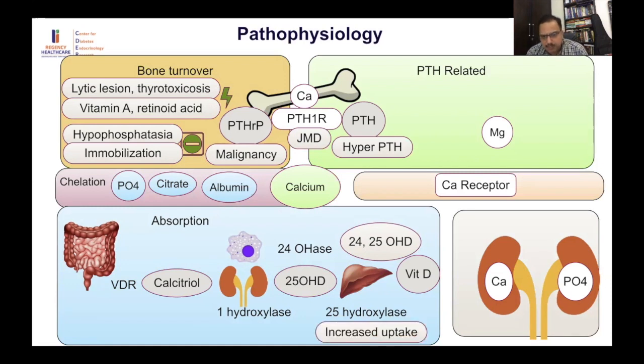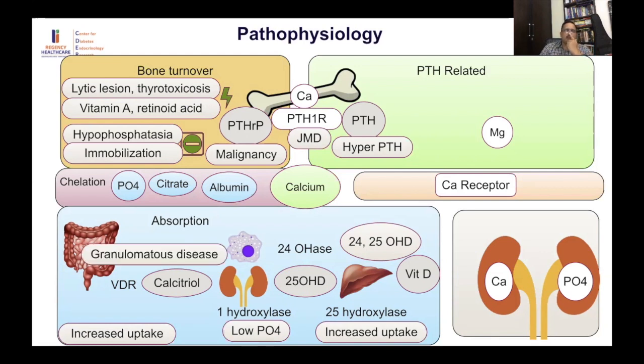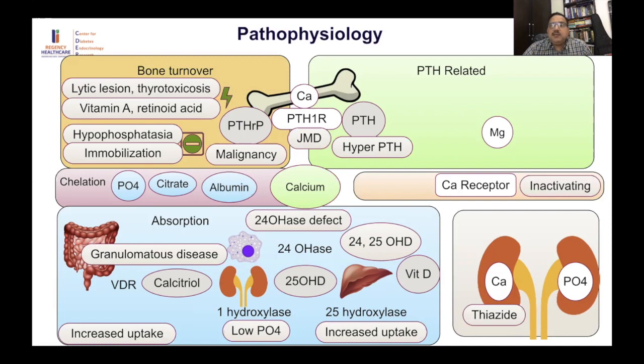Hypercalcemia can also happen if there is increased vitamin D intake, increased intake of calcium, low level of phosphorus, which will stimulate 1-alpha hydroxylase, or granulomatous disease, which will cause increased production of 1-alpha hydroxylase, which is extrarenal and not regulated by PTH, defect in the 24-hydroxylase, which is known as idiopathic hypercalcemia of infancy. Similarly, the use of thiazide diuretics can cause hypercalcemia, and an inactivating mutation in the calcium sensing receptor.